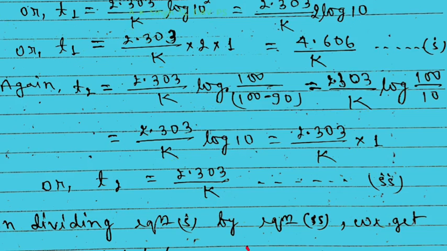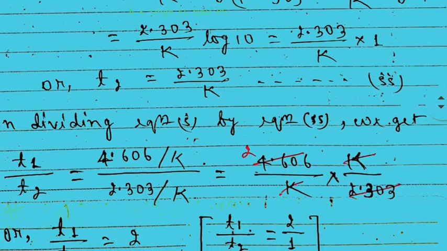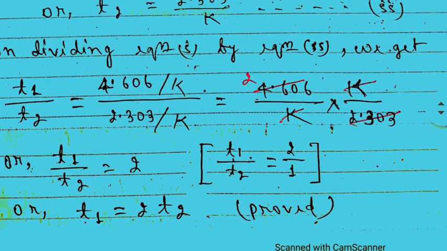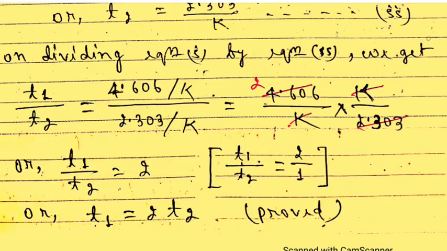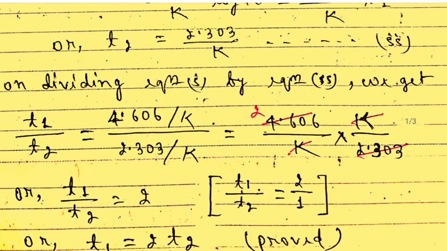Now on dividing equation 1 by 2, what will we get? t1 by t2 is equal to 4.606 by k divided by 2.303 by k, which is 4.606 by k into k by 2.303.